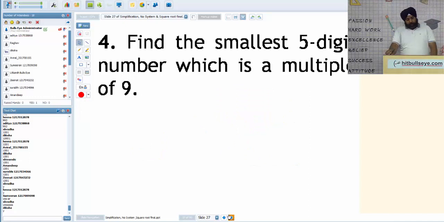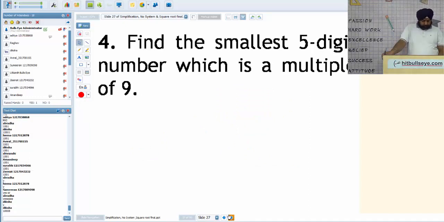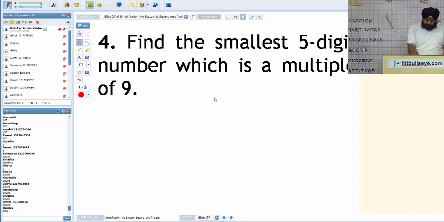Question number 4. Find the smallest 5-digit number which is a multiple of 9. Aditya, 10,008. Shivanshi, 10,008. Absolutely, it's 10,008. Either you divide 10000 by 9 or you use the divisibility rule. 1 is there, the sum of digits should be divisible by 9, so we put 8 here.